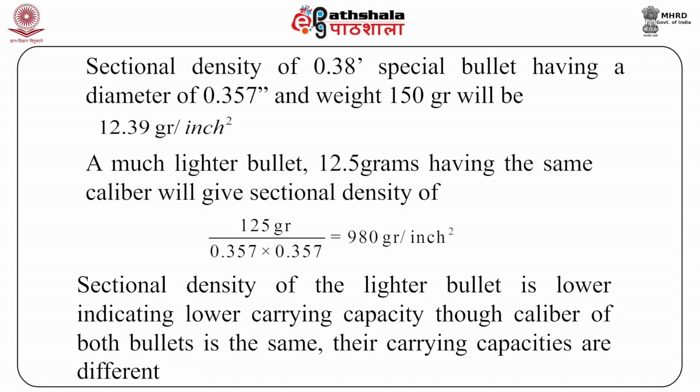A much lighter bullet, 12.5 grams, having the same caliber will give sectional density of 125 gram by 0.357 into 0.357, which is equal to 980 gram per inch square. Sectional density of the lighter bullet is lower, indicating lower carrying capacity, though caliber of both bullets is the same. Their carrying capacities are different.